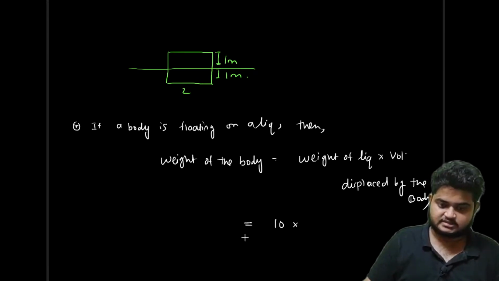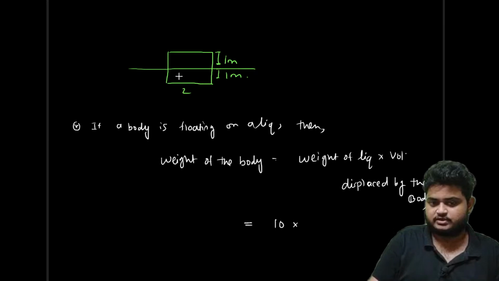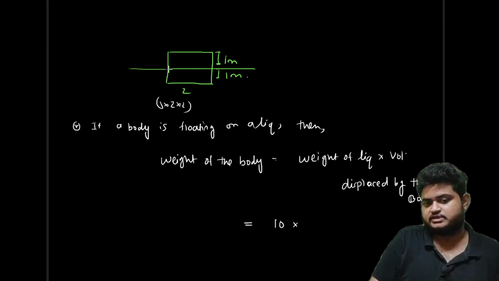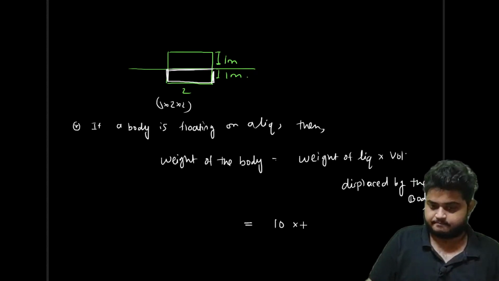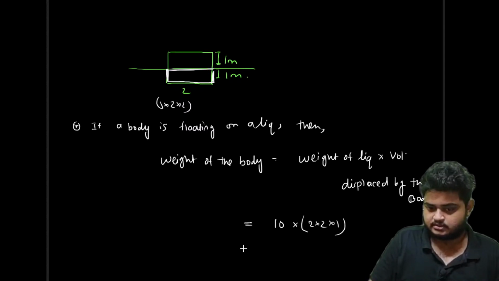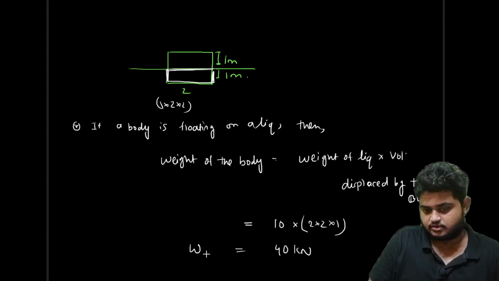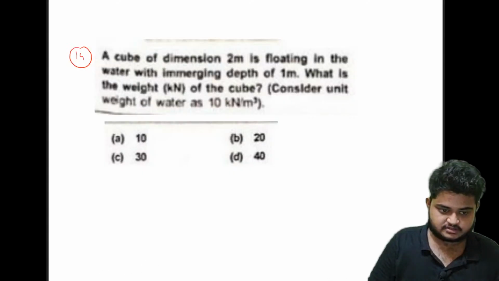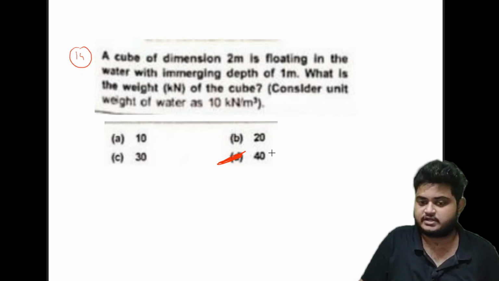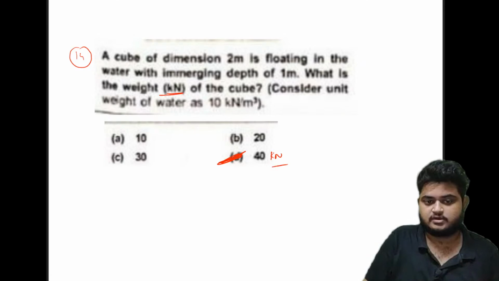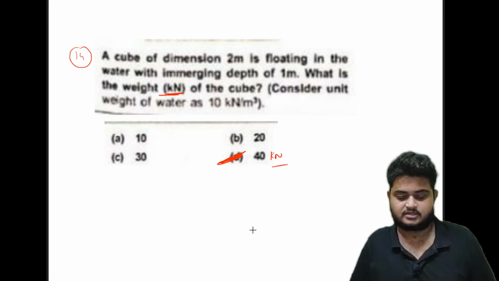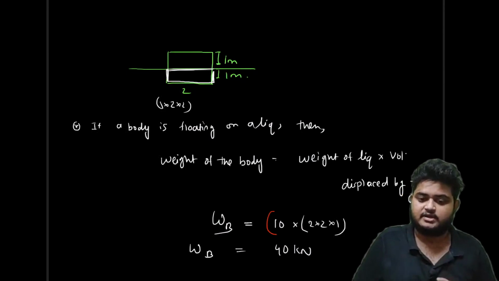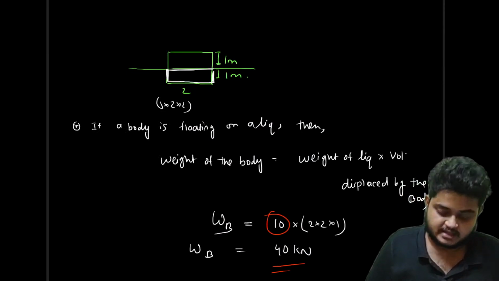Let us take this in kilonewton only, and the volume displaced will be 1 into 2 into 2, because only 1 meter is sinking and 1 meter is floating. So 2 into 2 into 1. So it will be 40 kilonewton. So this is the weight of the body. Let us check the options. Option D is the right answer, 40 kilonewton. The answer was also to be in kilonewton, that is why I did not convert kilonewton to newton, I took kilonewton only. 40 kilonewton will be the right answer for the question.